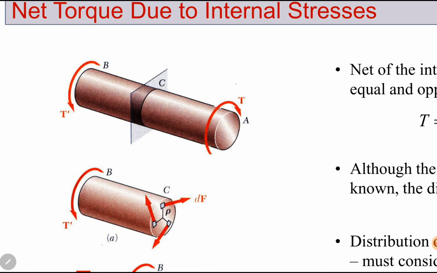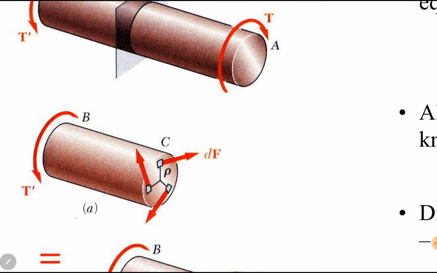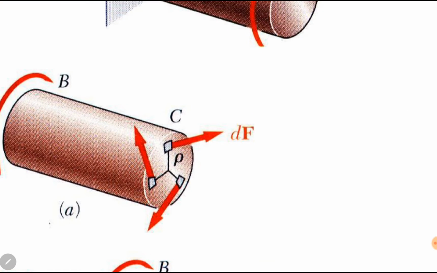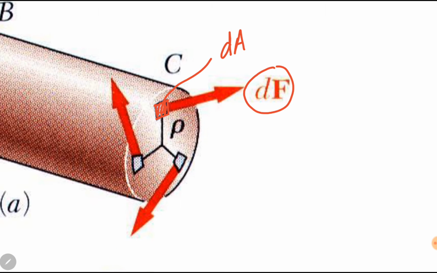Two equal and opposite torques are applied at the two ends A and B. If we section the rod at plane C and look at the internal forces, since the torque is produced by a force applied at a distance from the center point, we can divide this cross-sectional area into small differential areas like this one, call it a differential area dA, and a differential force dF is applied on this area. Similarly, there are more differential areas and more differential forces.